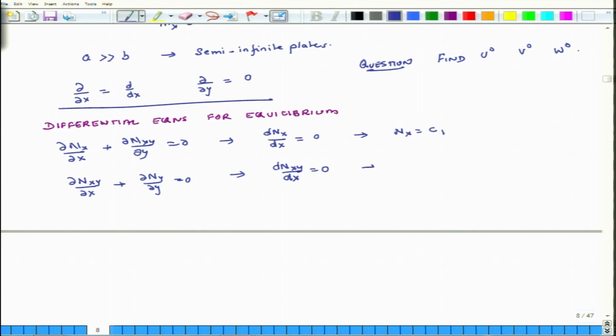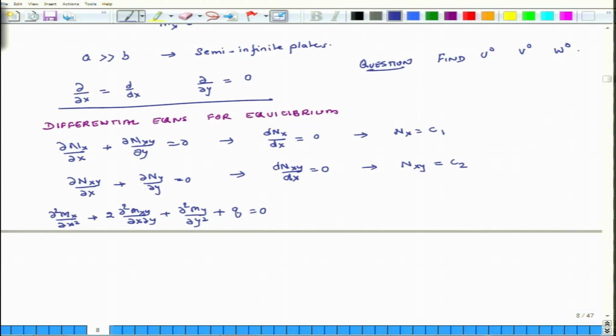So, Nxy equals C2, and the third governing differential equation is del 2 Mx over del x square plus 2 del 2 Mxy over del x del y plus del 2 My over del y square plus q is equal to 0.